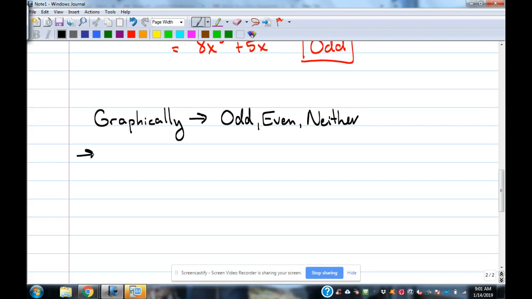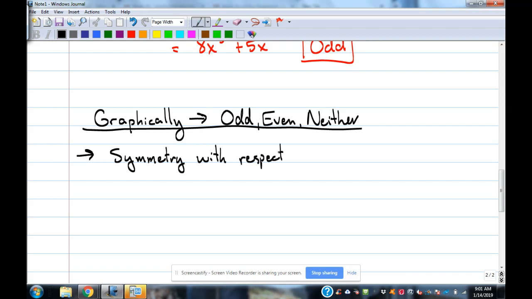Okay. It is directly related to that symmetry that we introduced in section 2. Symmetry with respect to the y-axis. That's going to be an even function.